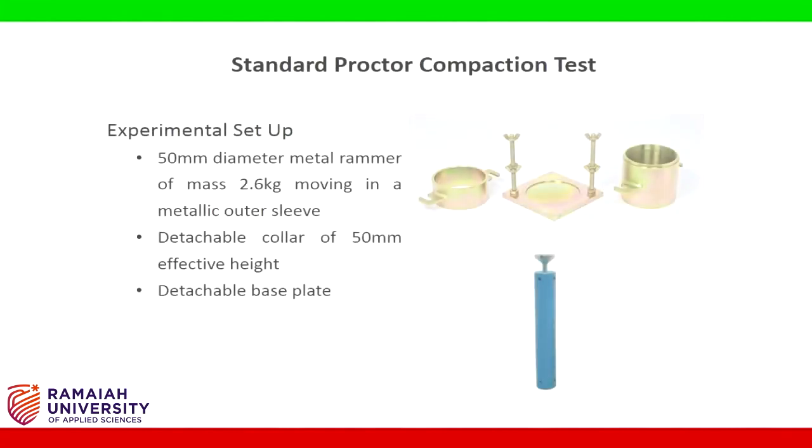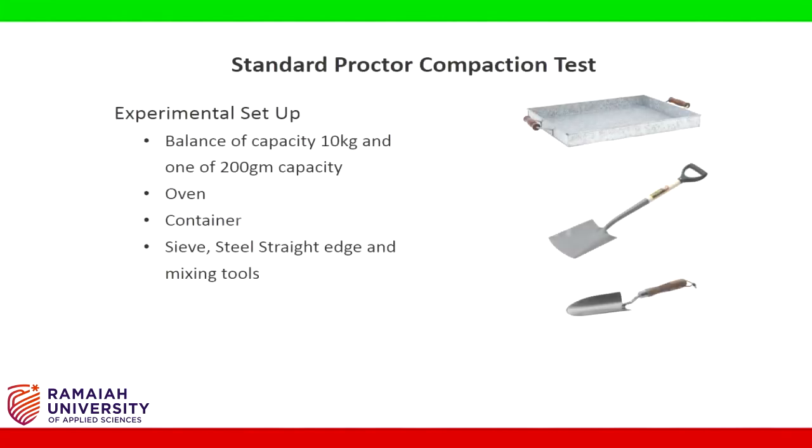A 50 mm diameter metal rammer of mass 2.6 kg moving in a metallic outer sleeve. Detachable collar of 50 mm effective height. Detachable base plate. Balance of capacity 10 kg and one of 200 grams capacity. Oven. Container. Sieve. Steel straight edge and mixing tools.